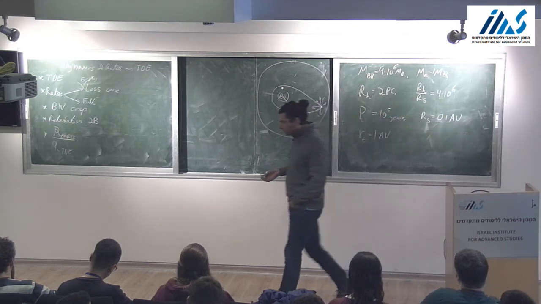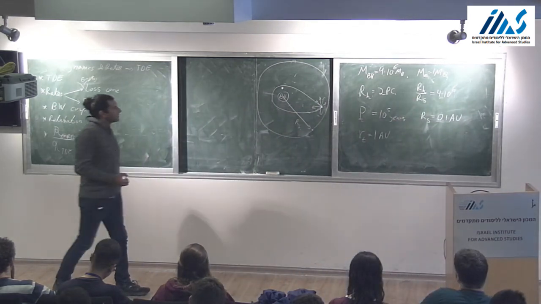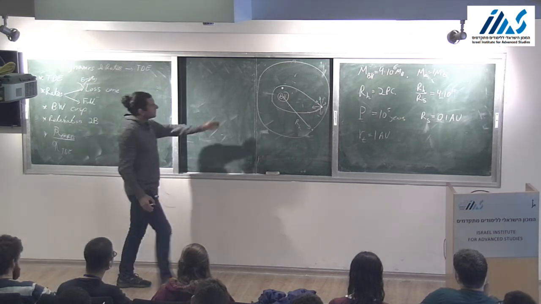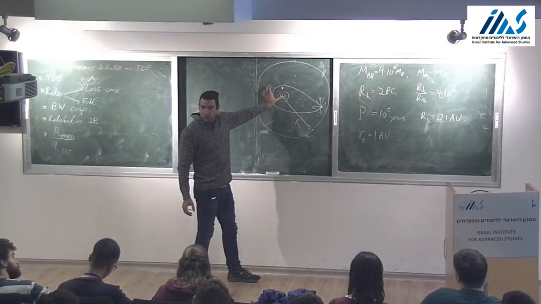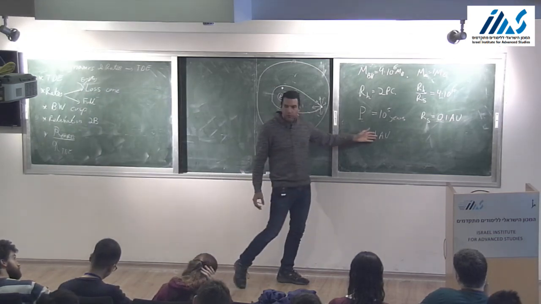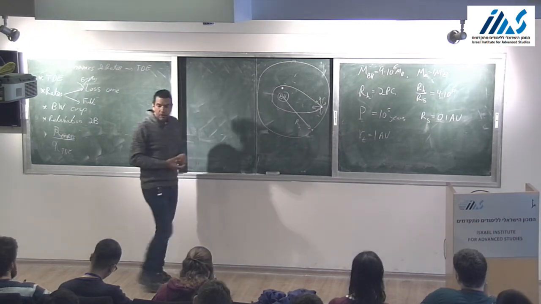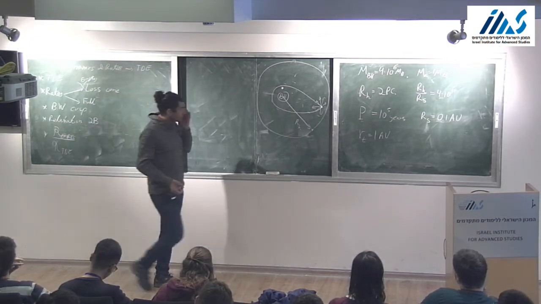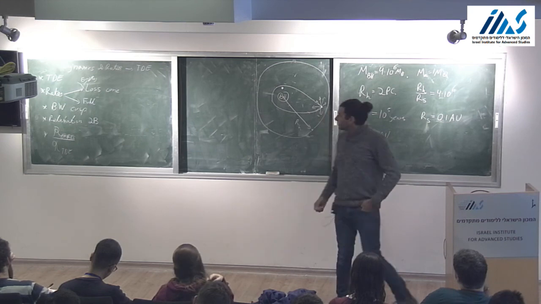What is the fraction of the orbits that are going to have a small distance approach, a periapse of that much or less? So you can work it out by conservation of angular momentum.